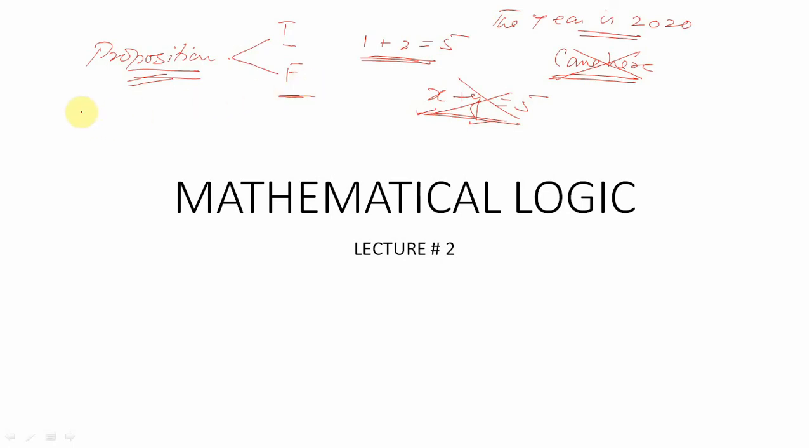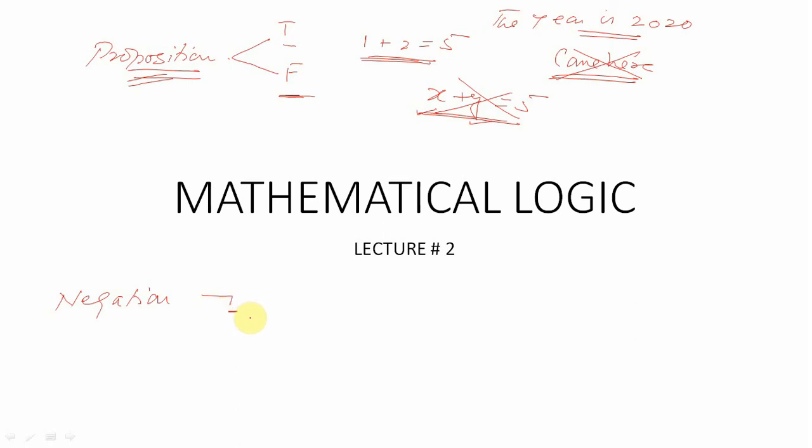We also saw the various connectives that are used to combine two or more atomic propositions into compound propositions. The connectives that we discussed in the last lecture included the negation, represented by this symbol, which is used to negate the value of a proposition.